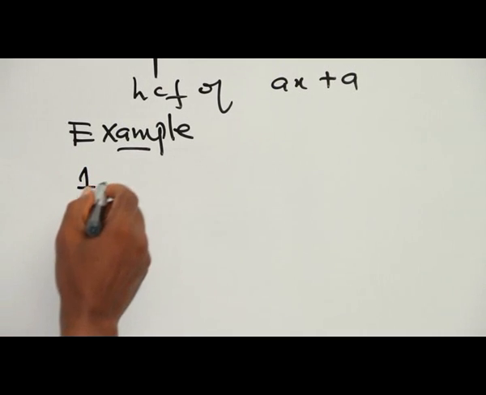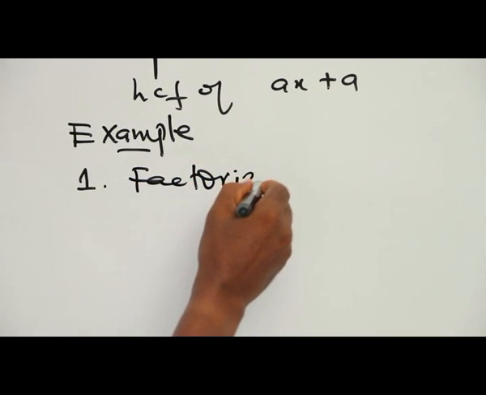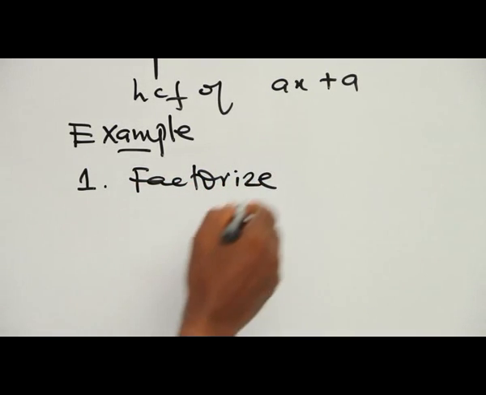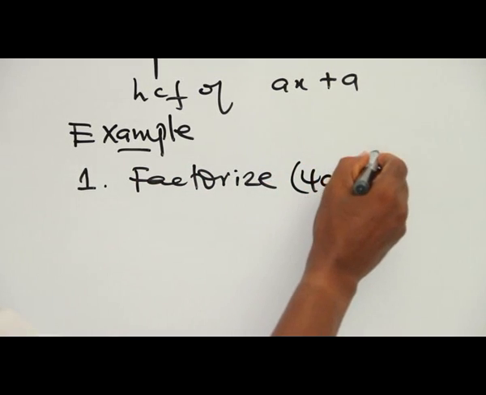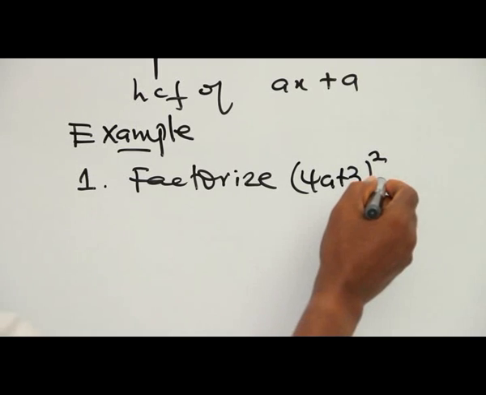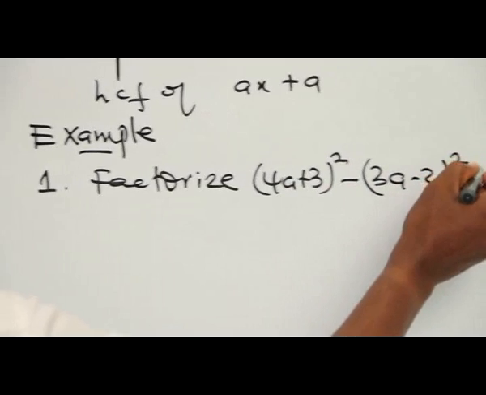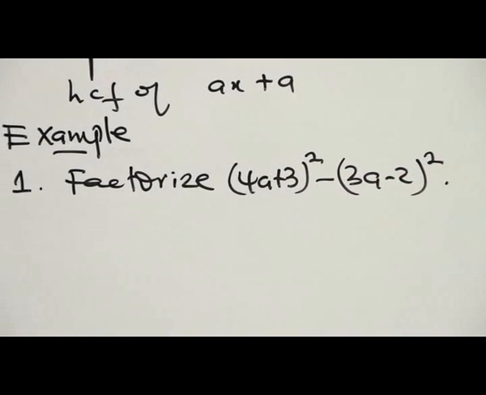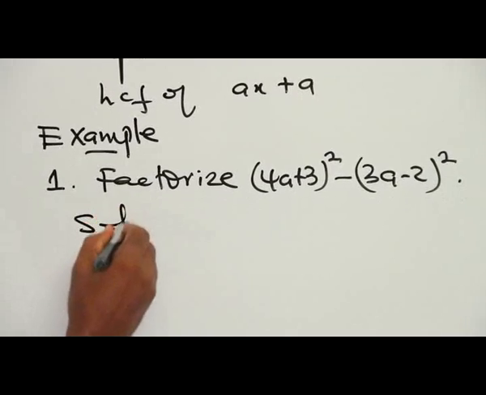We have here: factorize 4a plus 3 squared minus 3a minus 2 squared. For us to factorize this, I want to remind us of our solution.